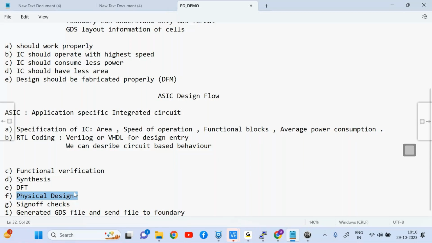Now RTL. So I was discussing RTL coding. Why do we describe any circuit through Verilog or VHDL?